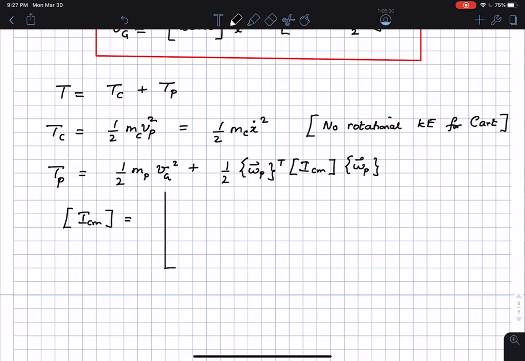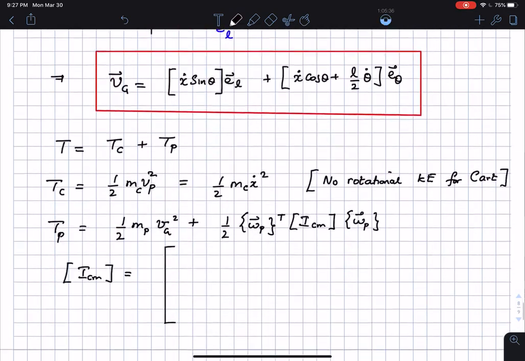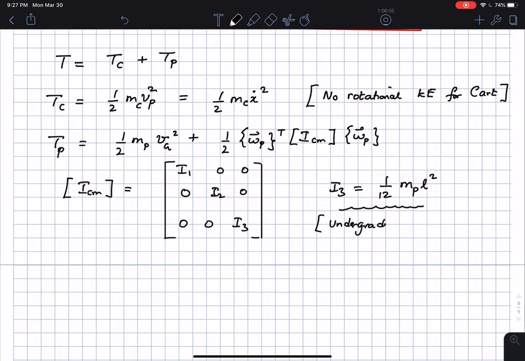If I choose a coordinate frame attached to the center of mass, in this case essentially this is going to be the EL, E theta and the EZ direction. So this is going to be I1 0 0, 0 I2 0, 0 0 I3 in this problem for me, and I3 is 1/12 MP times L squared. Okay, this is a result that we would have seen probably from undergraduate dynamics for a thin slender bar.